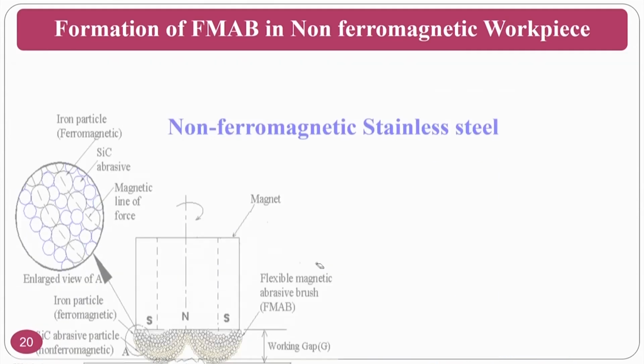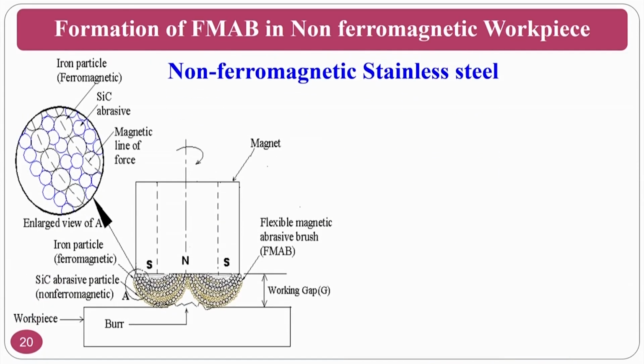Now for a non-ferromagnetic workpiece, you can see the north to south pole field. Since this workpiece is non-magnetic, the field lines cannot pass inside, which means the magnetic field strength is very low.